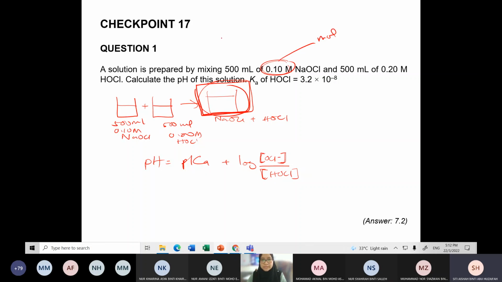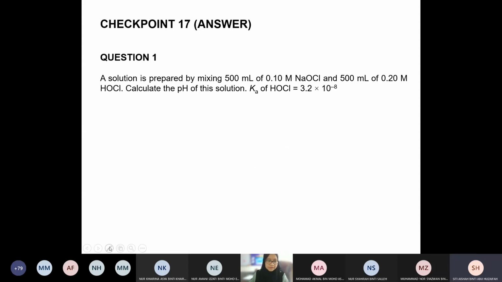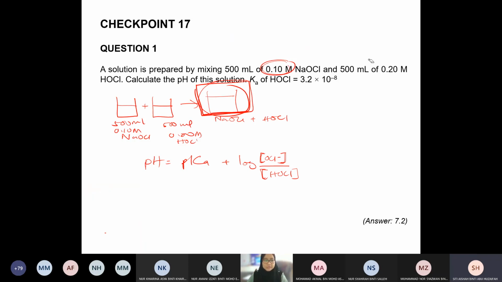Okay, nak kena extract out the mole. So you ada 500 ml kan? So 500 ml. Alright, so you ada 500.